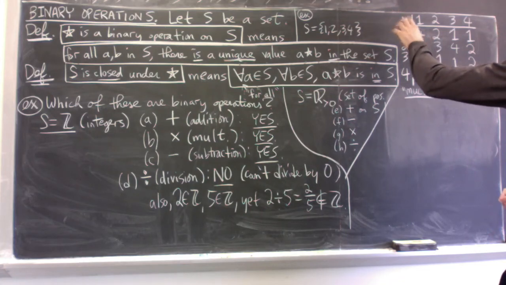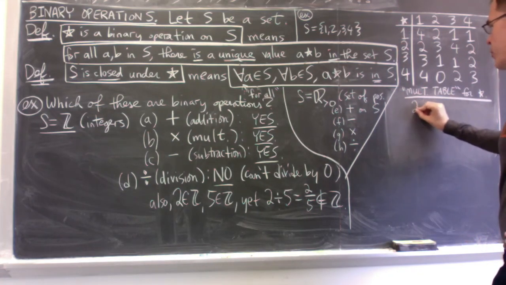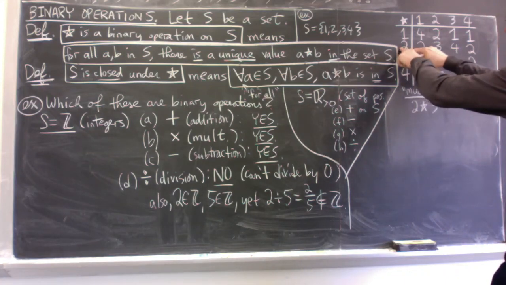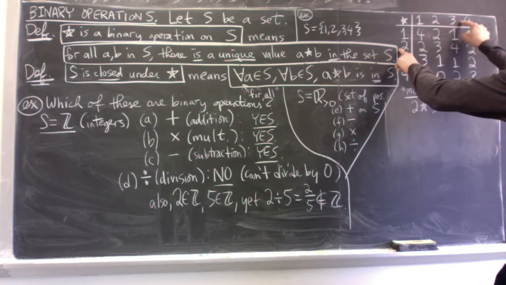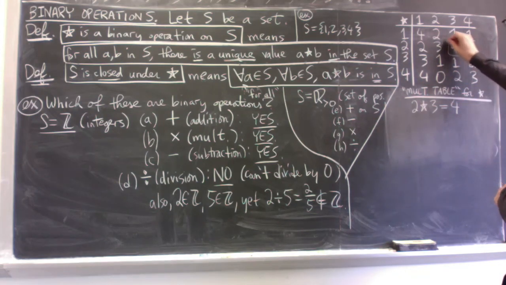But what does it mean? So for instance, if you want to know what's 2 star 3, this table is telling you: you go to the row labeled 2 and the column labeled 3, in that order. 2 star 3, and in this case you get 4. You go to this entry in the table. So that's how you're supposed to read the table.